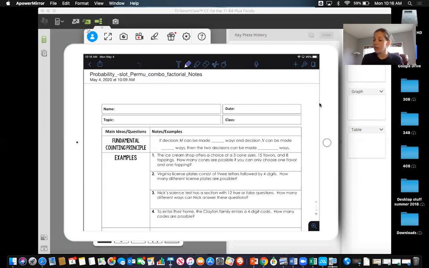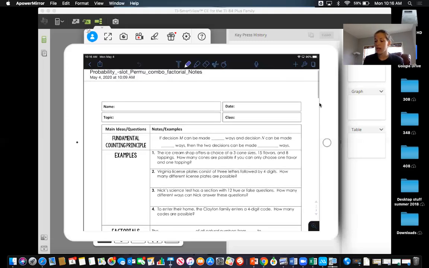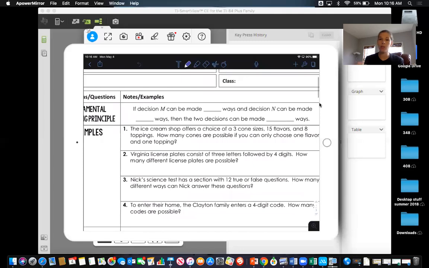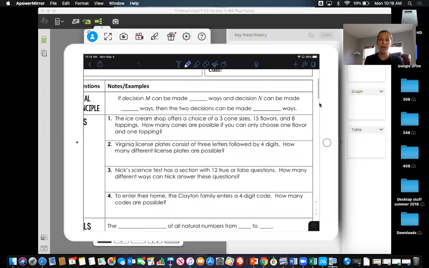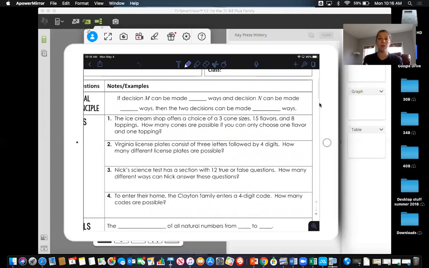So here we go. The first thing that we are doing is something called the fundamental counting principle. What it's talking about is, if a decision, and we're calling it decision M, can be made in a certain number of ways, and decision N can be made in a certain number of ways.